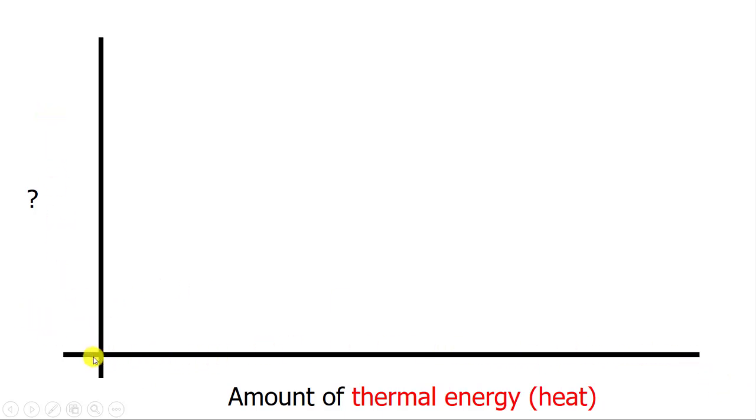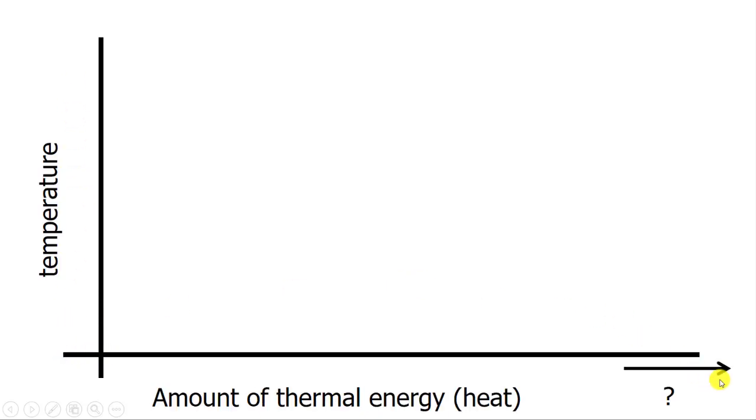On the y-axis, this is going to be what? Well, it's temperature. And as we go from left to right, what's happening to thermal energy? It is increasing. As we go from bottom to top with temperature, what is happening to temperature? It is also increasing. So as we go left to right, thermal energy increases. As we go bottom to top, temperature increases.